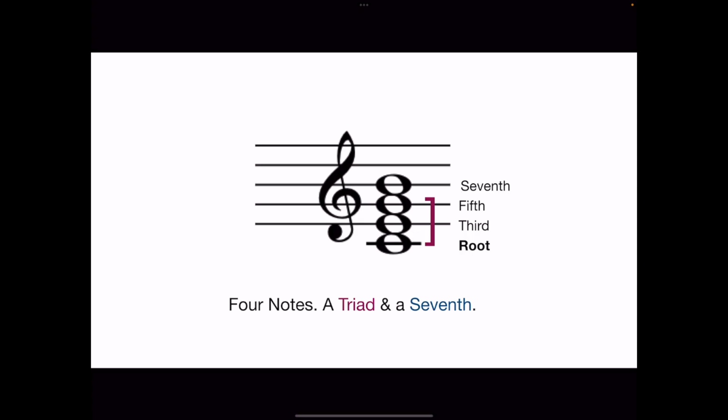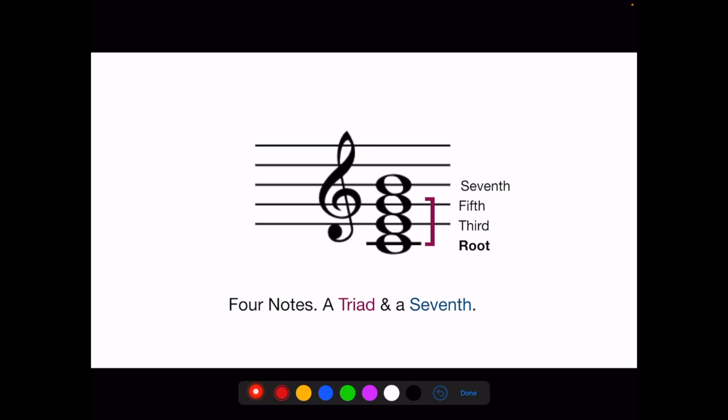Like you saw in the previous slide, we have these four notes and they're named the root, the third, the fifth, and the seventh. And within these four notes, the bottom three still form a triad. And this top note, this extra note that we add, this is called a seventh. And it's called a seventh because it is the distance of a seventh from the root.